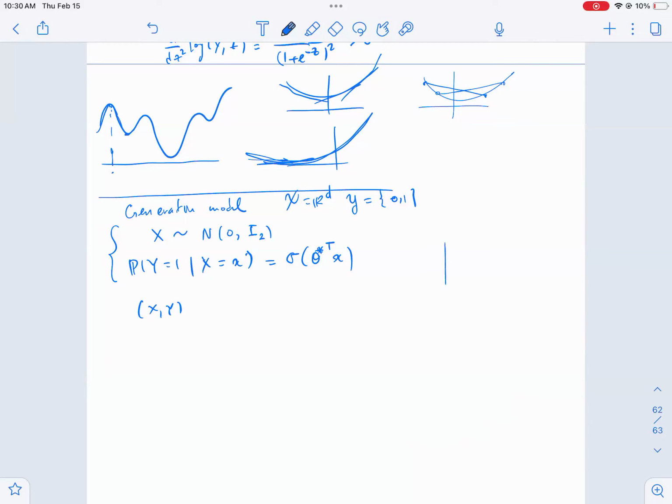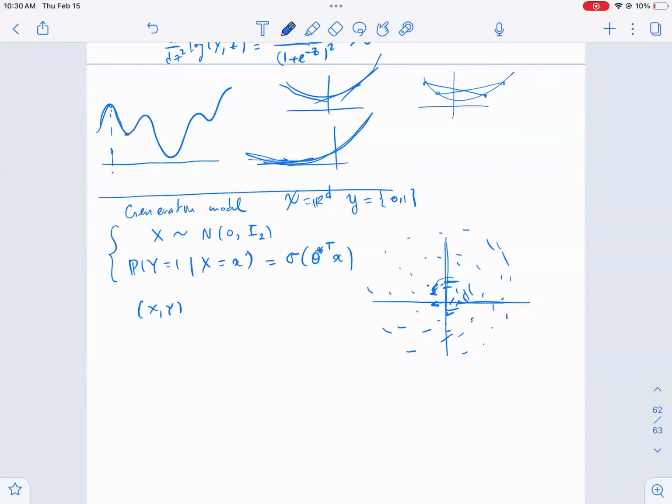What would happen is I'm going to generate x's. X is going to be more Gaussian here, less outside, so it's circular, like a two-dimensional Gaussian. Then theta star defines a direction.